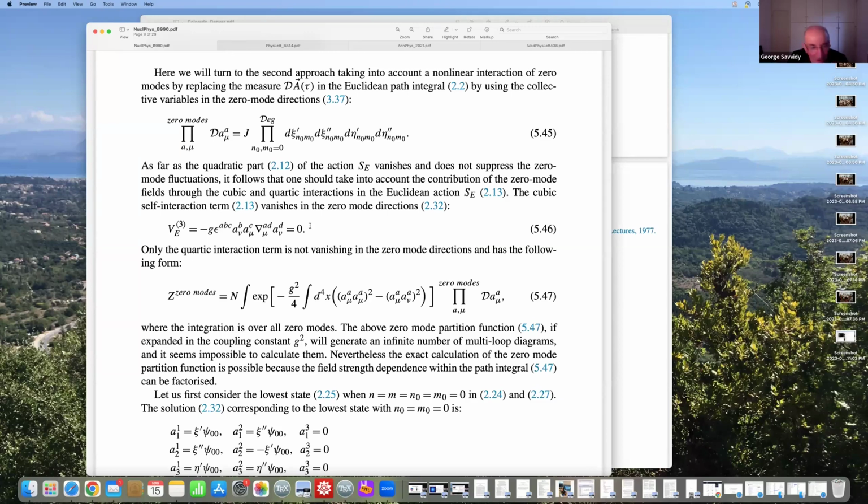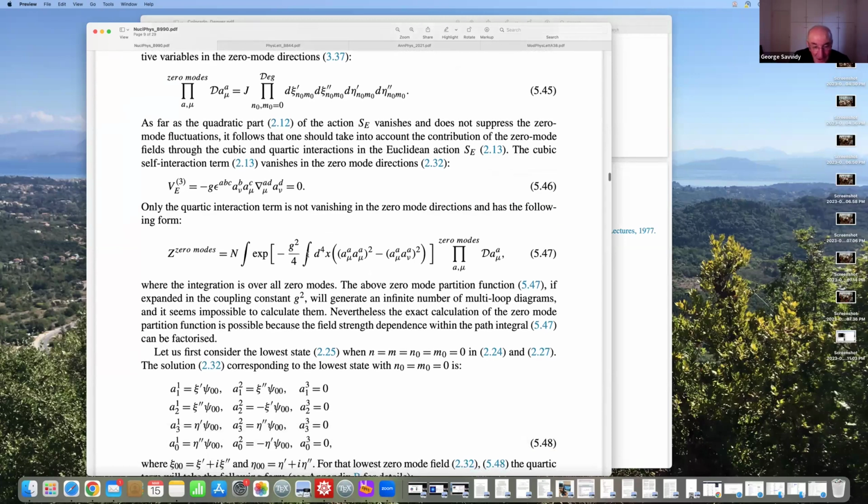If you do it with other modes, it will not be 0. So there are two mysteries here. First, the cubic term is 0. Second, the path integral is non-tractable. If you write this path integral and say you will calculate it, they will say you should be crazy, it is impossible. But it is not impossible.